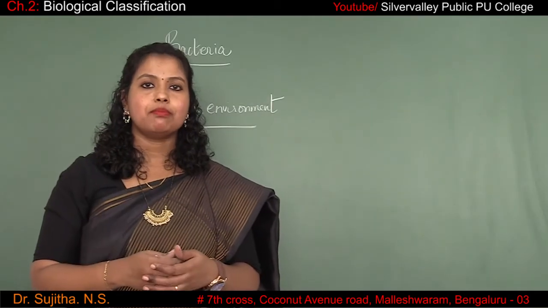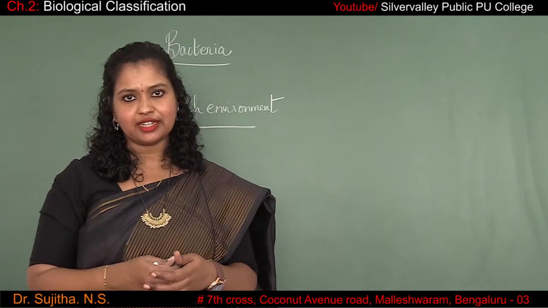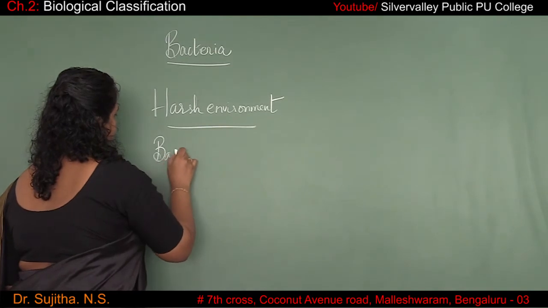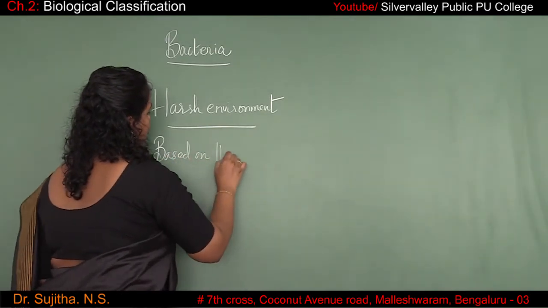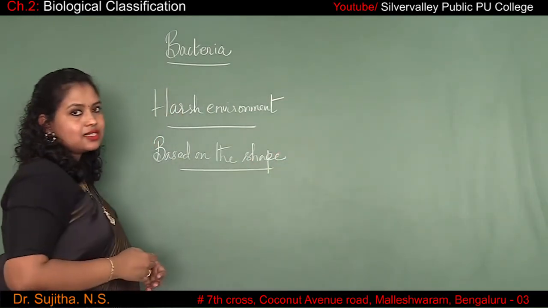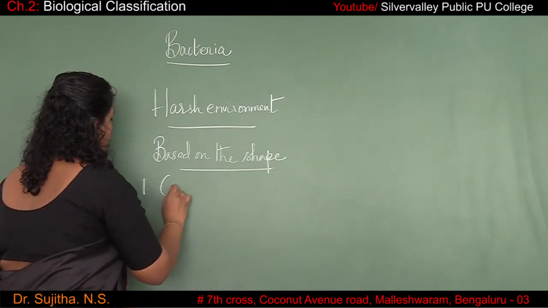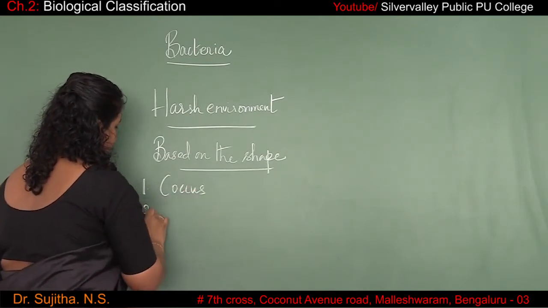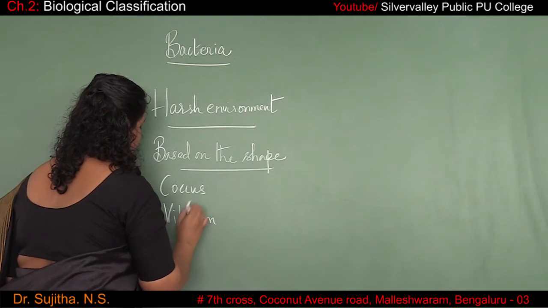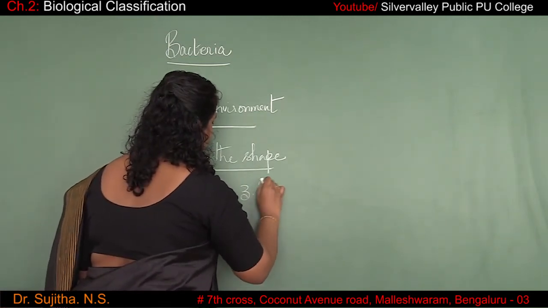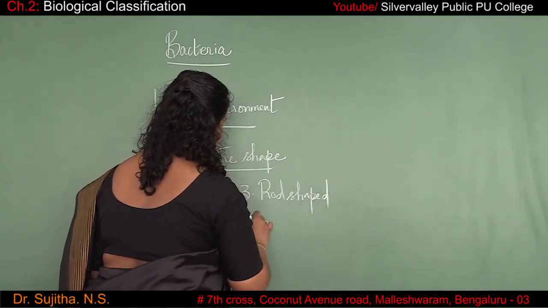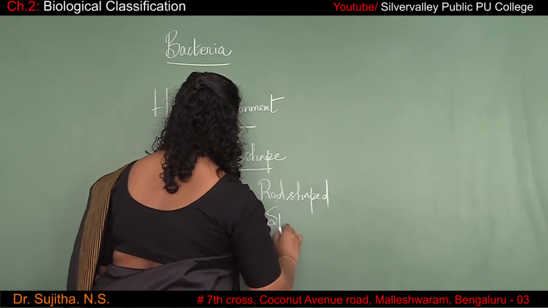Based on the shape, bacteria can be categorized into four different types. The first is the coccus, the second is the Vibrio, the third is the rod shaped, and the fourth is the spiral.